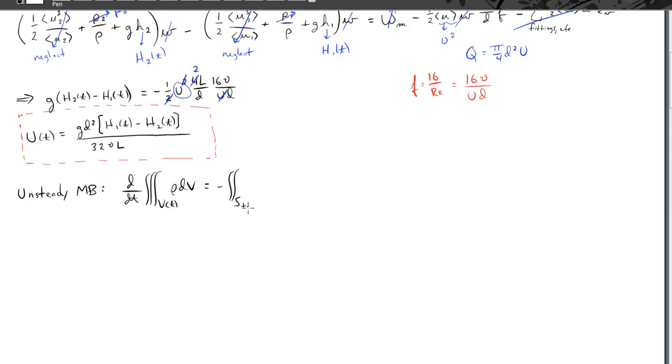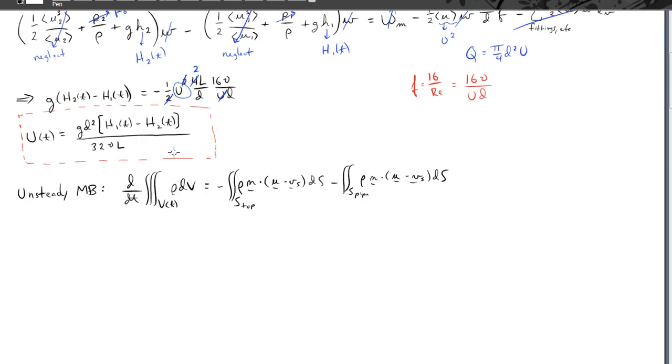So let's say the top surface, which is a free surface, we have n dotted with u minus vs dS with a factor of rho, and then minus the integral over the surface of the pipe of rho n dotted with u minus vs dS.